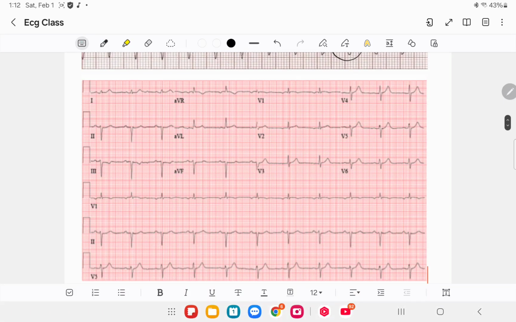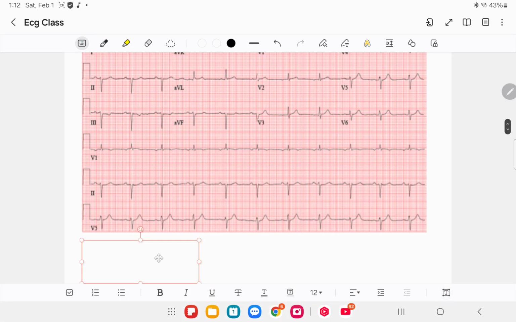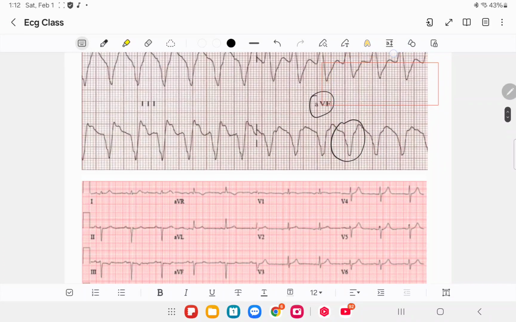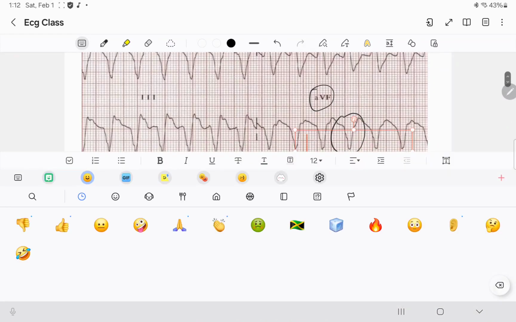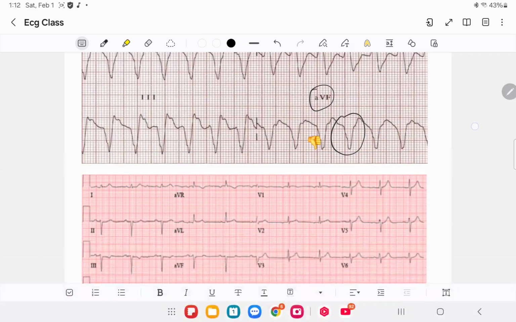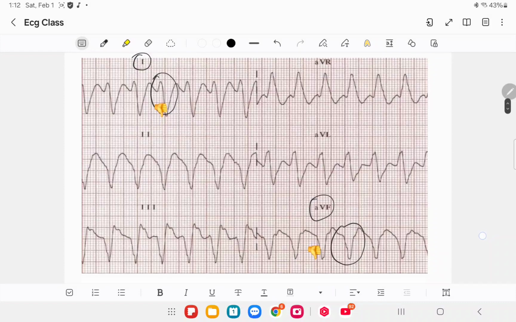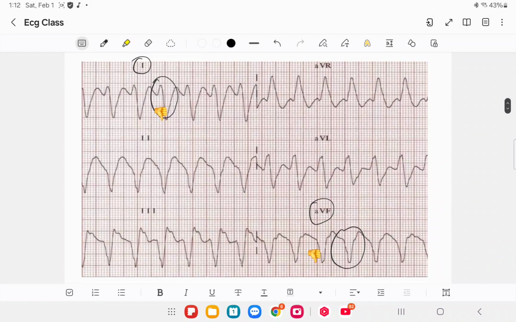So you can use your own thumbs to work it out with me. So that's a thumbs down too. So 2 thumbs down, that's extremely abnormal. So that can only be far right axis deviation.